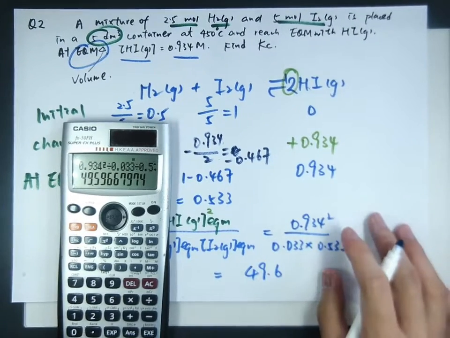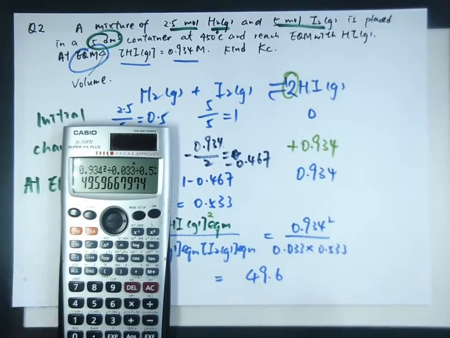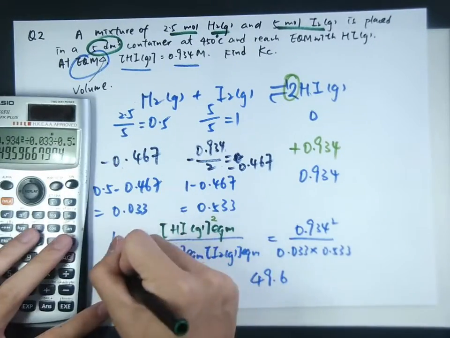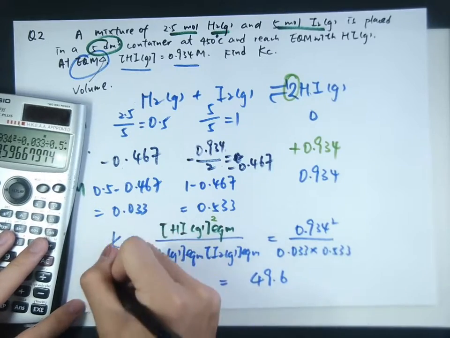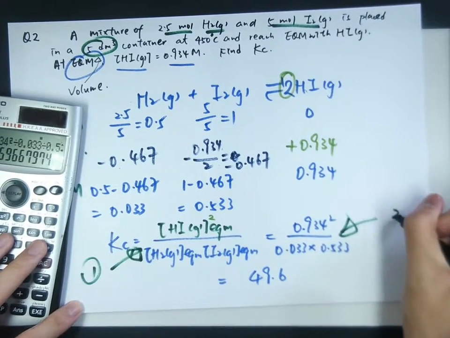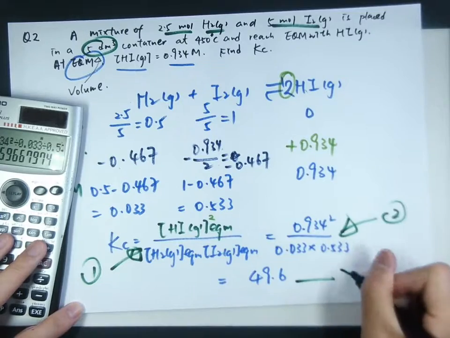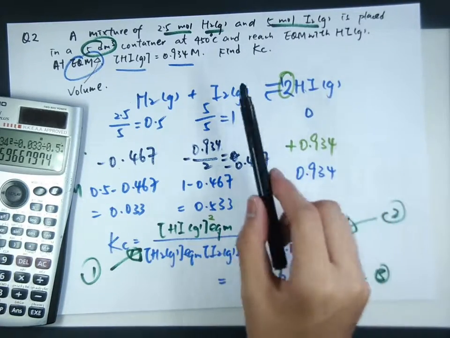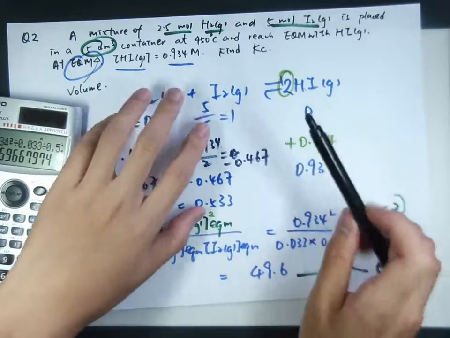So what is the unit? Now, this is the first step again, this is the second step, and the third step is to calculate the unit. Okay, what's the unit? Here is 2, here is 1 plus 1 equals 2. So they cancel out each other. Can you see that?